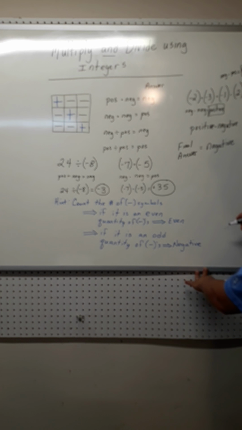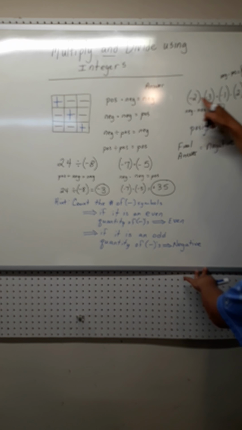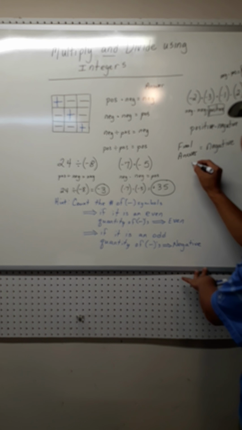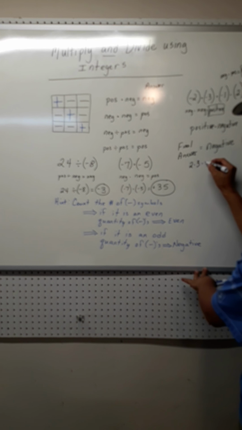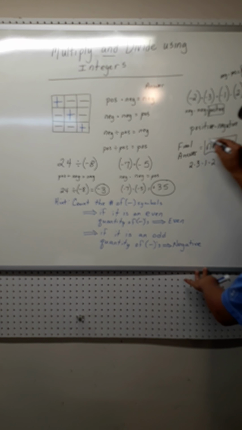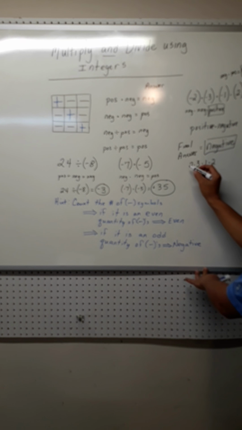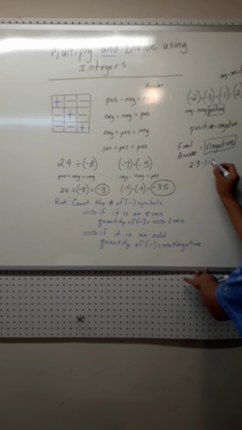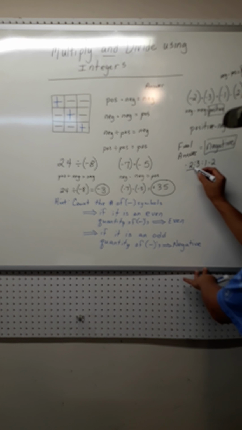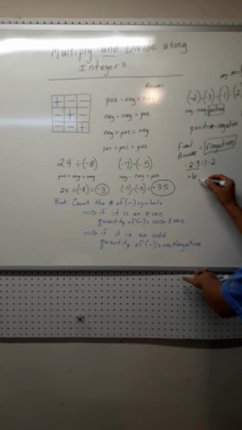Well, let's do this again and just solve it. 2 times 3 times 1 times 2. And because I already know that it's going to be a negative, I'm just using the coefficient, but I could still do this. Well, PEMDAS rule, 2 times 3 is 6. It's a positive, negative times a negative.